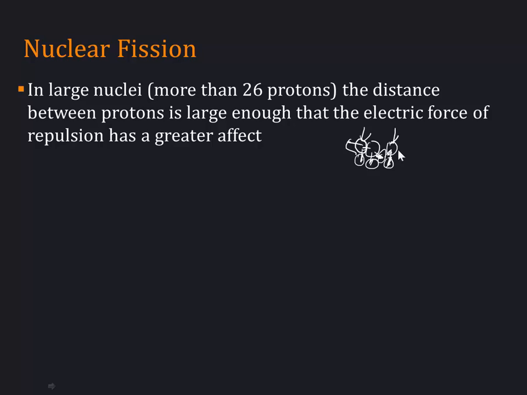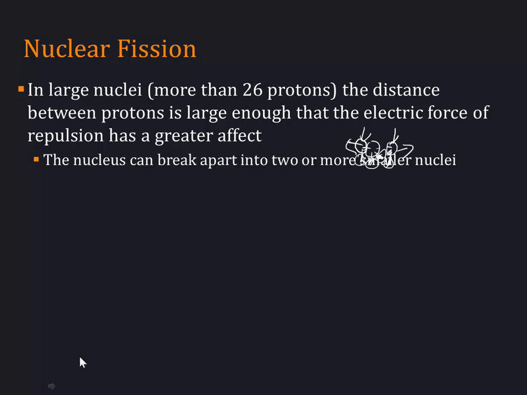There is the electric force of repulsion trying to push those apart, and it has a greater effect than the strong nuclear force between these two things. So when you have lots of protons in the nucleus, the electric force of repulsion has a pretty big effect, and that actually causes the nucleus to break down. And if that happens, then we end up with two or more smaller nuclei, and that's called nuclear fission.